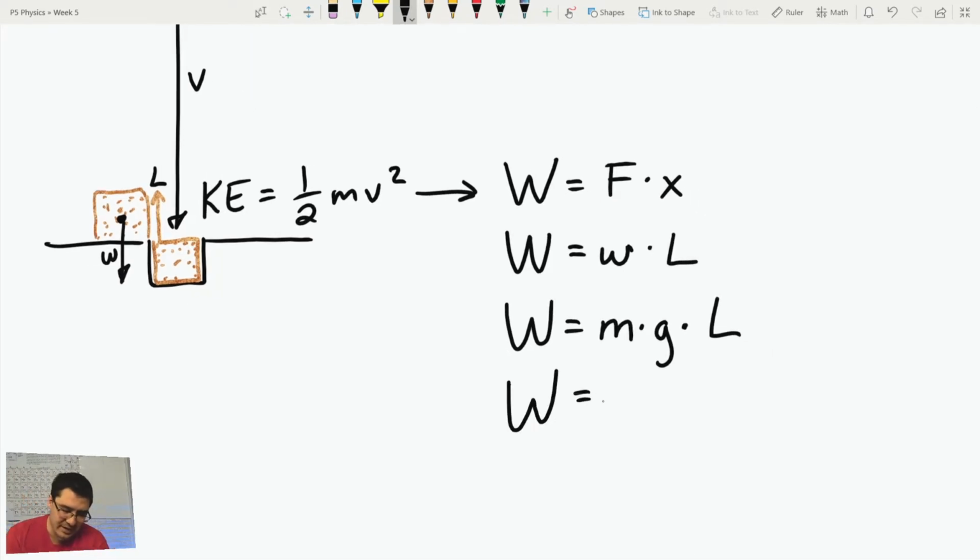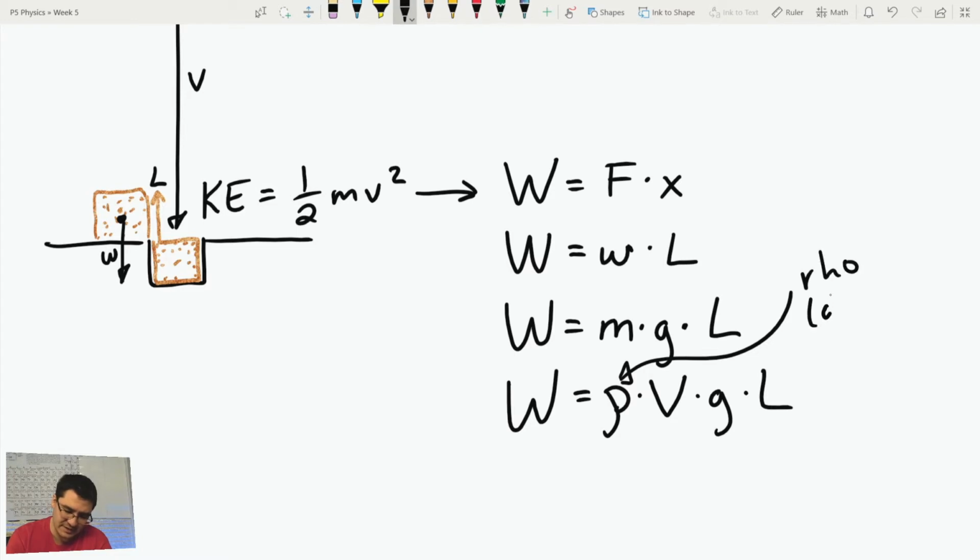The mass of an object is equal to its density times its volume. So I replaced m with density times volume. This is called rho, R-H-O, and it's the symbol for density. Water has a density of 1,000 kilograms per cubic meter, or 1 gram per cubic centimeter.